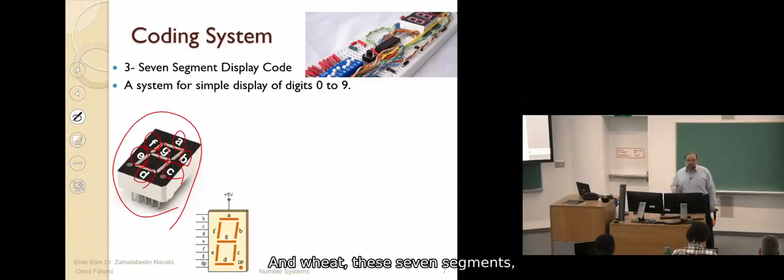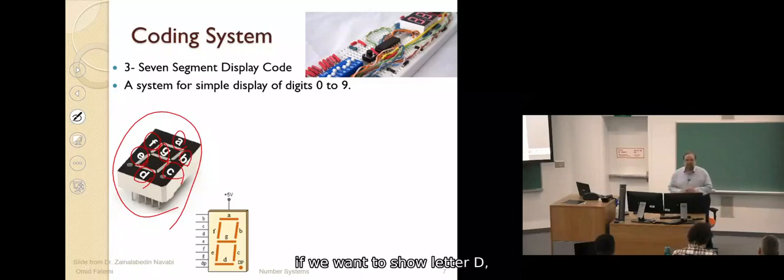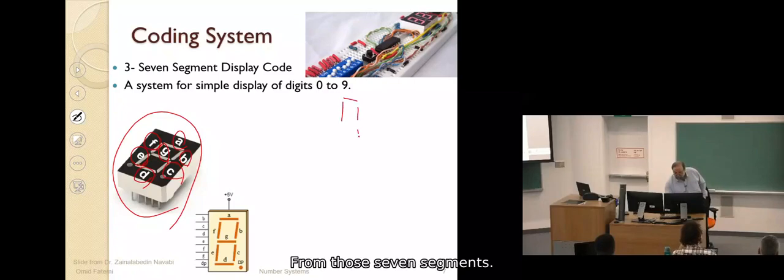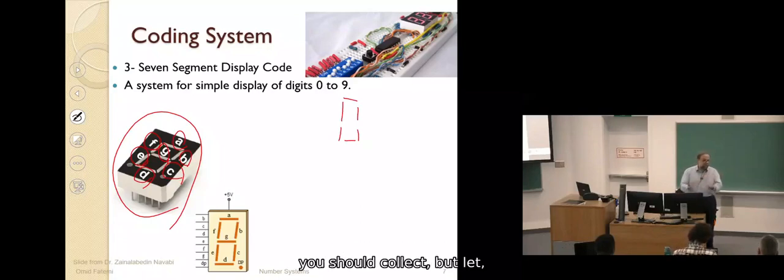And with these 7 segments, you could show the numbers and even letters in English, A, B, C, D, E, F. For example, if we want to show the letter D, it would be something like that. From those 7 segments, this would be D. And this would represent 0 also. So we have only 7 segments to play with.